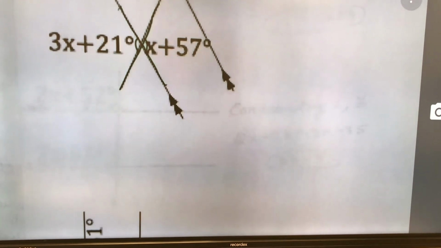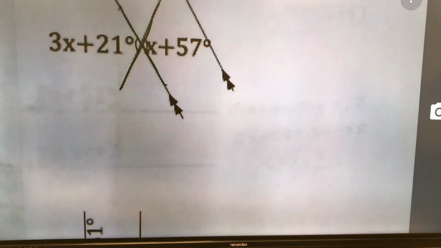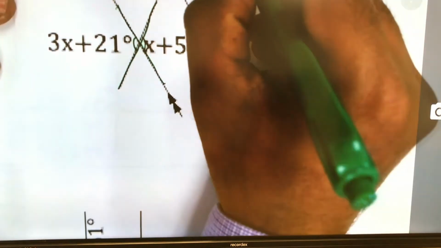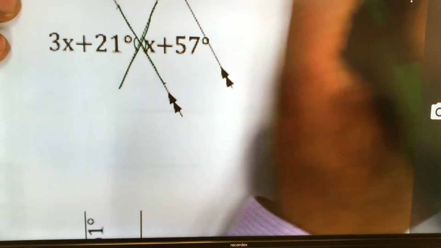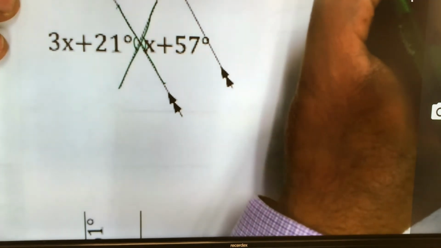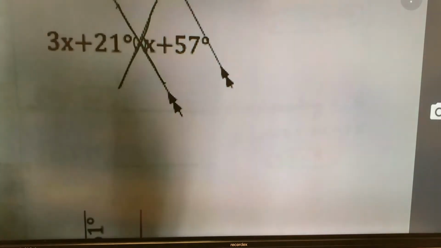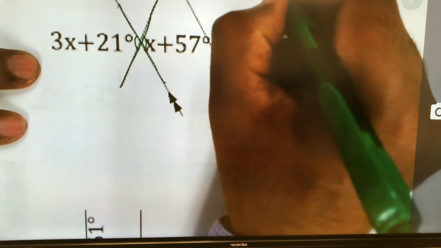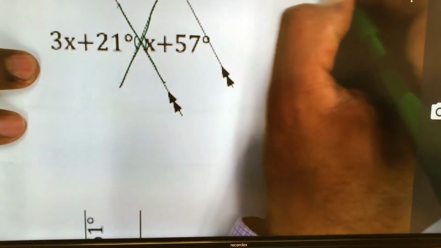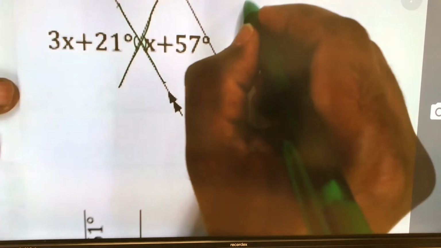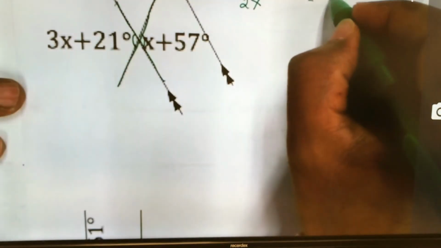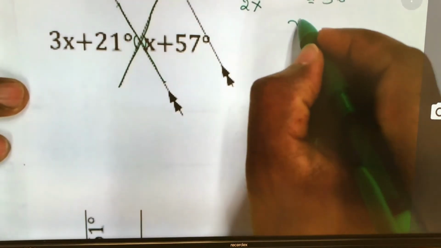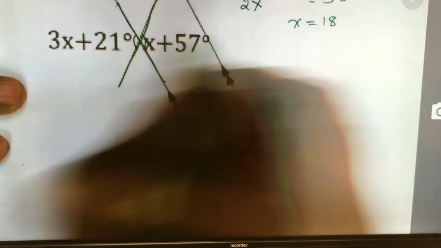So that type of angle is known as vertical angles. Vertical angles are congruent. So I can set up the equation 3x plus 21 is equal to x plus 57. When you solve for x, you get 2x is equal to 36. That means x is equal to 18.